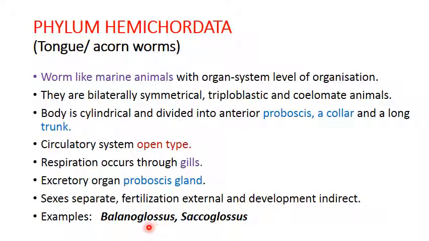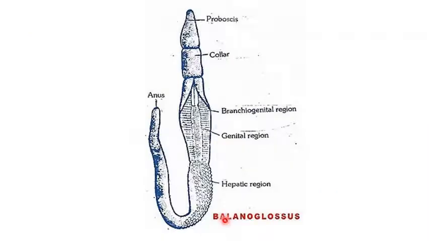They have given two examples of this group: one is Balanoglossus and the other is Saccoglossus. This is a figure of Balanoglossus. We said the body is divided into three parts: first the proboscis, second the collar, and this whole remaining part is the trunk. The proboscis you will find is muscular, ciliated and used for locomotion.